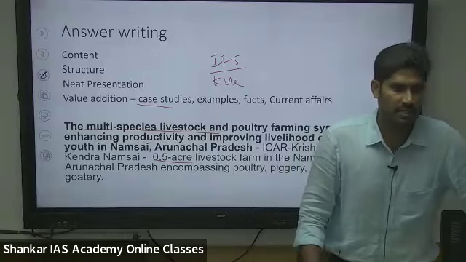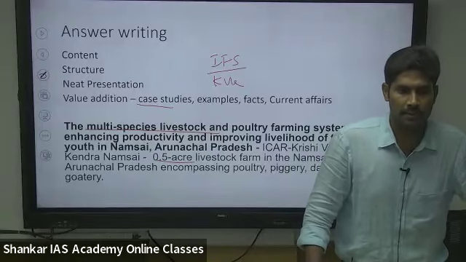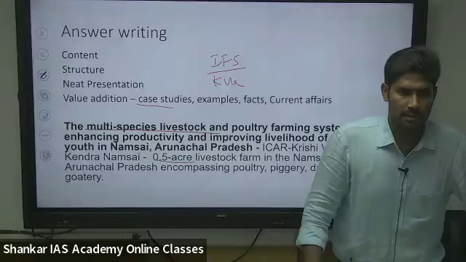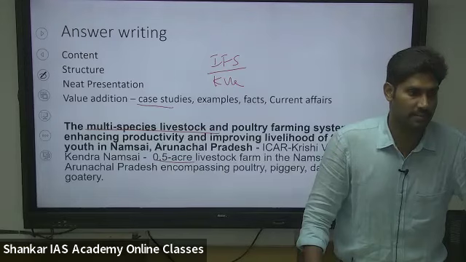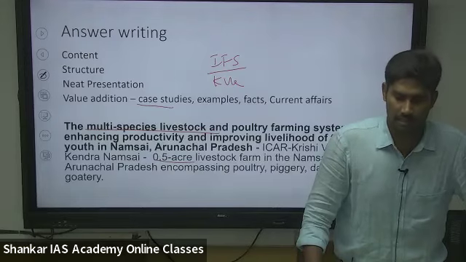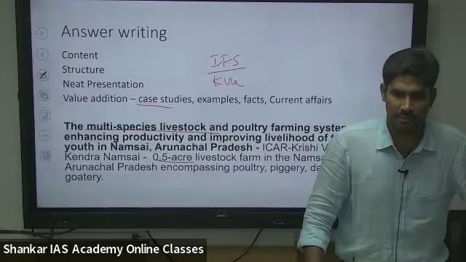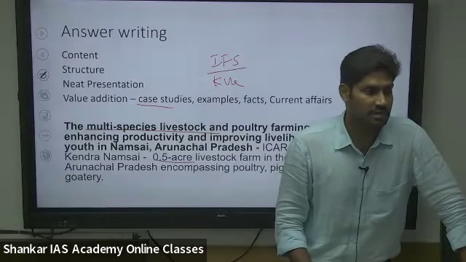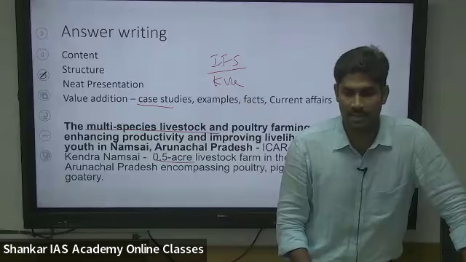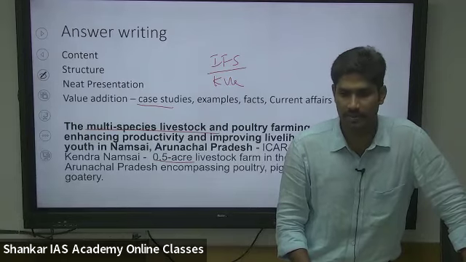GS3 syllabus, in our agri paper 3 and GS3, agriculture economy area is the major part. Cropping pattern, actually only the cropping system area, mostly the recent modern concepts of cropping system like conservation agriculture, natural farming, climate smart agriculture, precision farming.